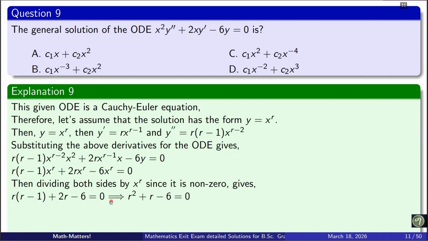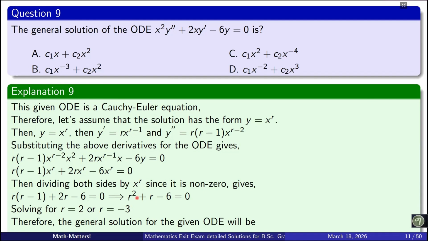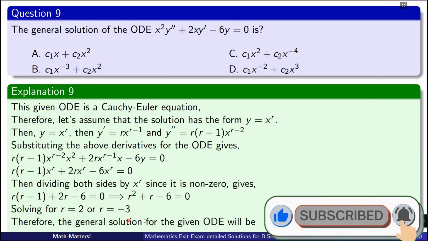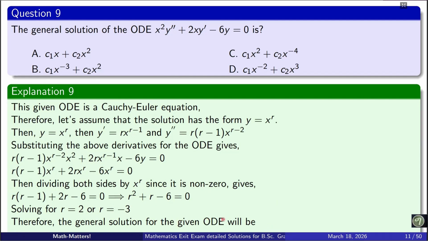Then simplifying this, we have r squared plus r minus 6 is equal to 0. Solving this quadratic equation, we have the value for r to be 2 or r is equal to negative 3. Therefore, the general solution for the ordinary differential equation is the combination of y is equal to x to the power of r whenever r is 2, and when r is equal to minus 3.